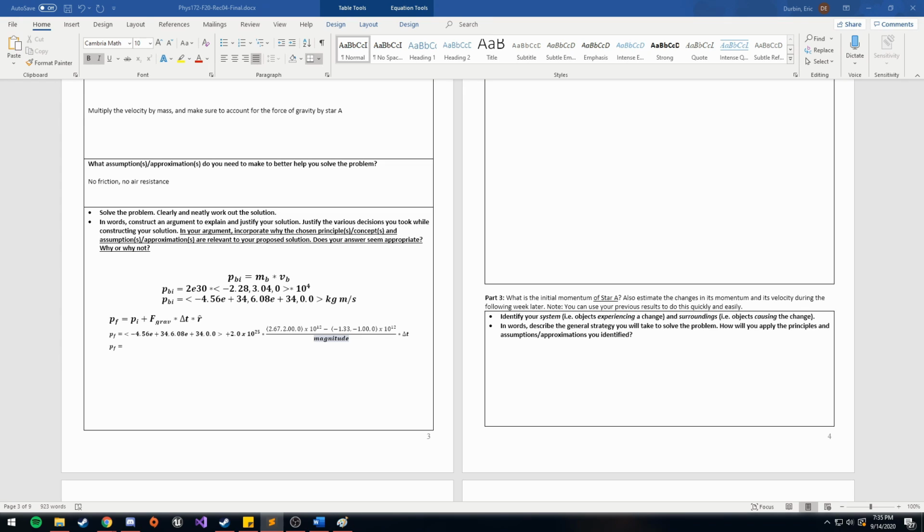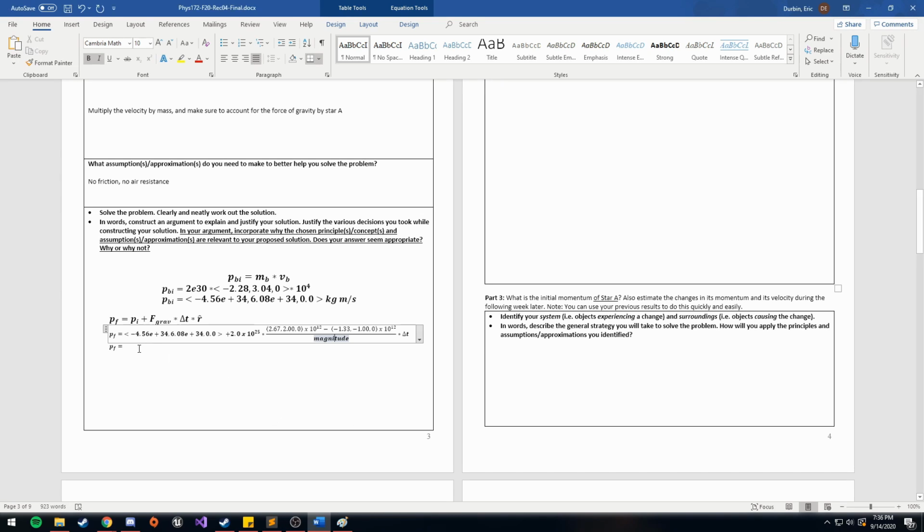Okay, for the first one, 1.6 times 10 to the 25th. No. What did you multiply by for delta t? The number that he put in the chat? Oh, that's for your final momentum. I'm just working on the gravity part, the vector of gravity.